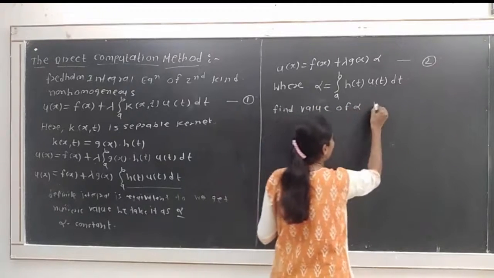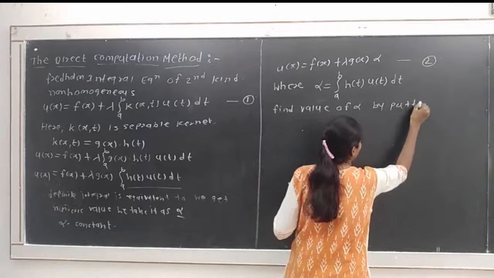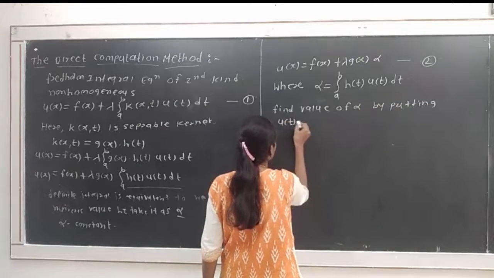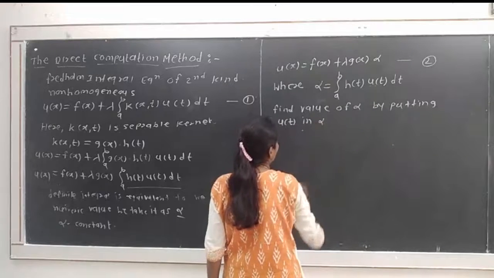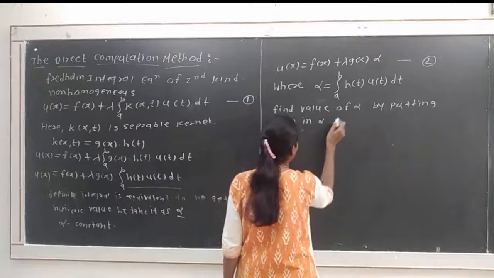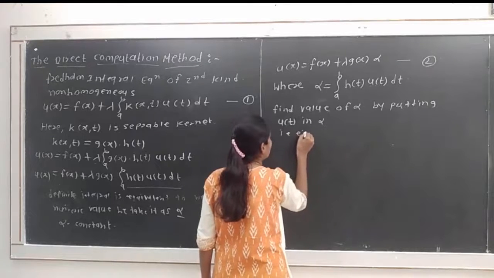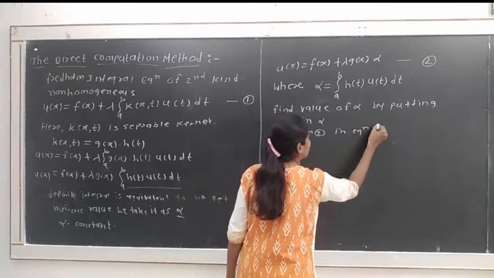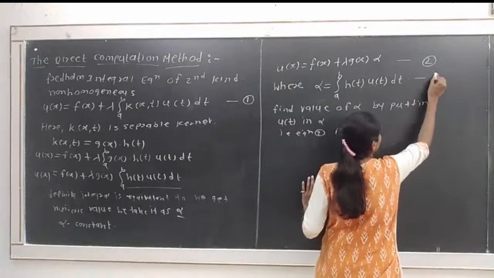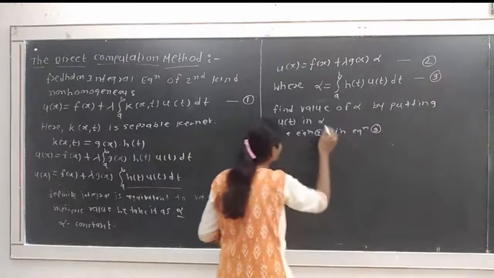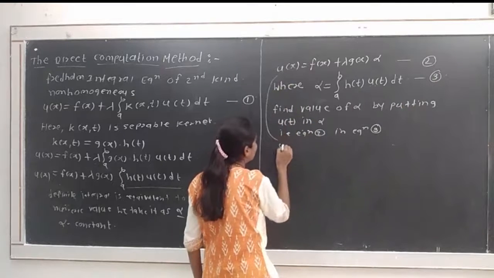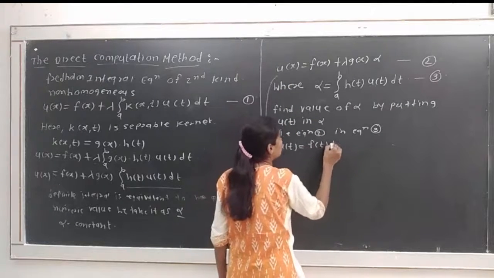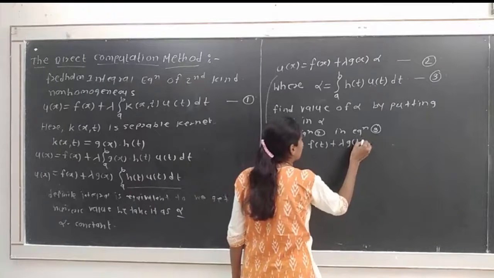So we find the value of alpha by putting u of t from equation number 2 into alpha, that is equation number 3. So this we can write in terms of t: u of t is equal to f of t plus lambda g of t into alpha.